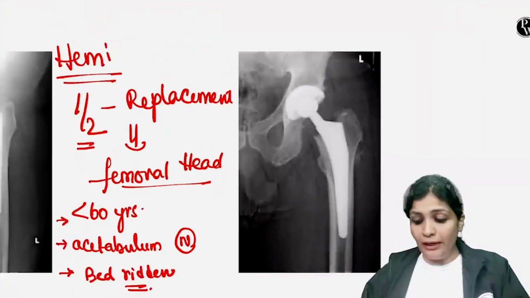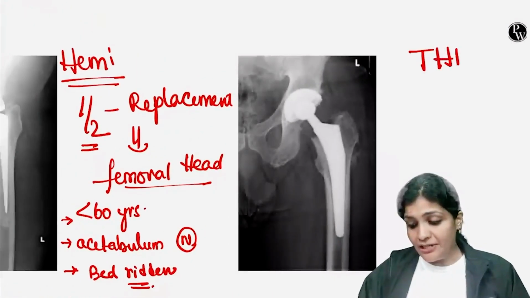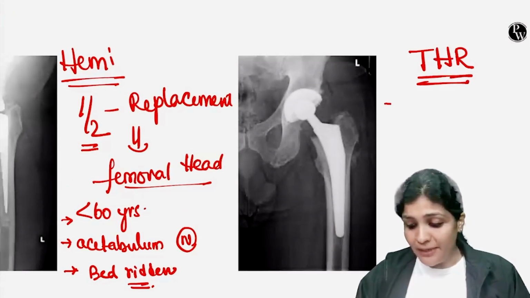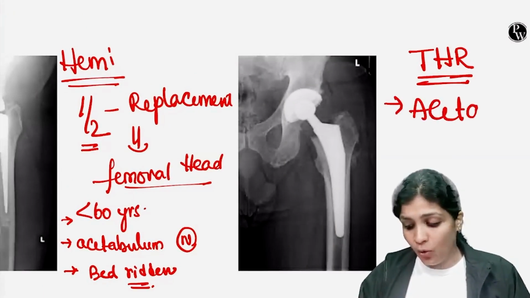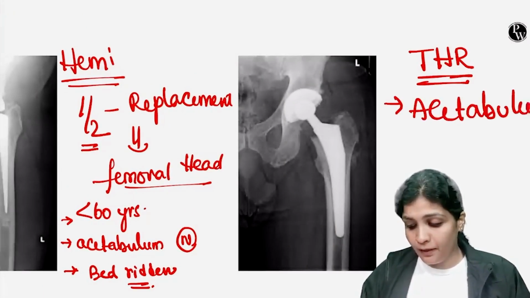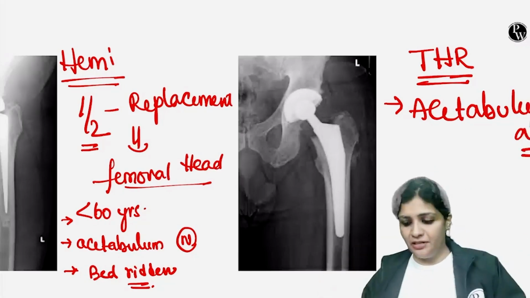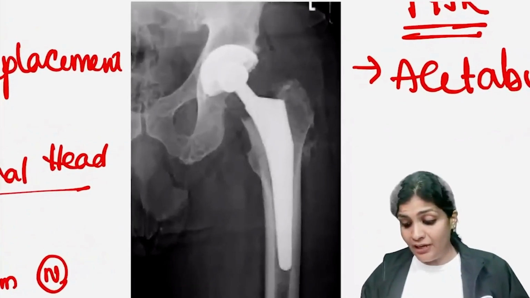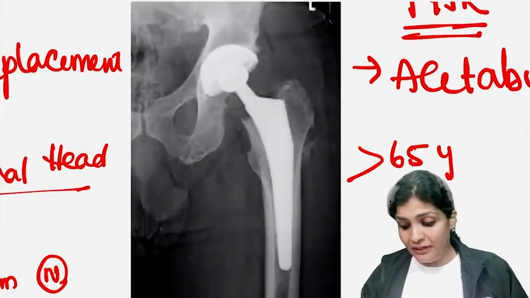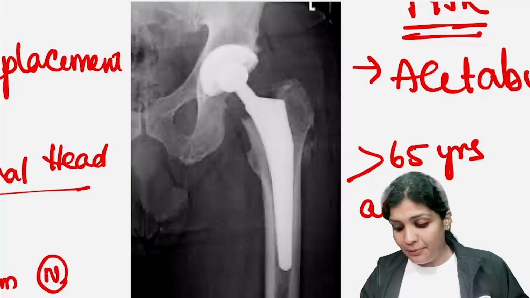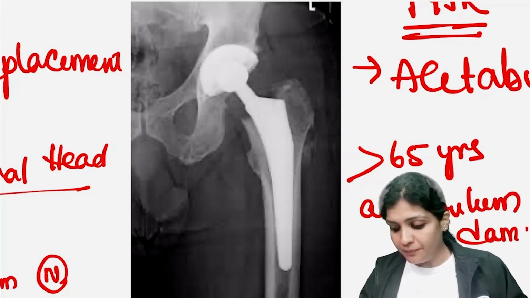This is your total hip replacement, THR. THR is where you're replacing the acetabulum also. Total is total hip joint, that is acetabulum and the femoral head are replaced. This is done for age more than 65 years where the acetabulum is also damaged.